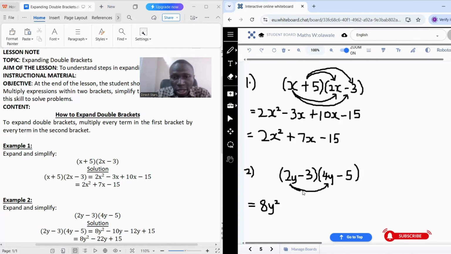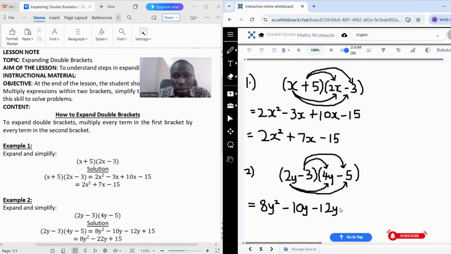Also 2y multiplied by minus 5. We're going to have that to be minus 10y. Now minus 3 multiplied by 4y. We're going to have that to be minus 12y. And lastly, minus 3 multiplied by minus 5.